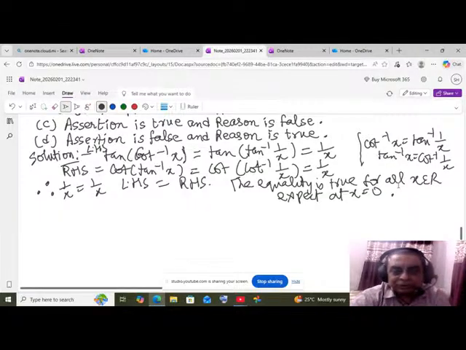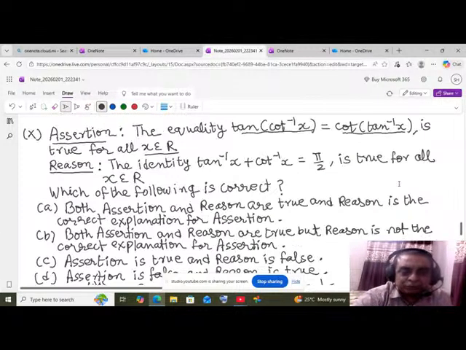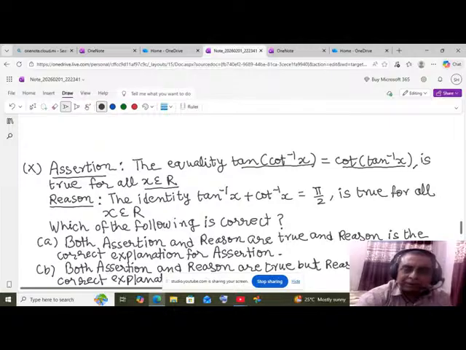In the question, we are told that this equality is true for all values of x, but it is true for all real numbers except 0. So it is not true for all real numbers. So this statement is false.